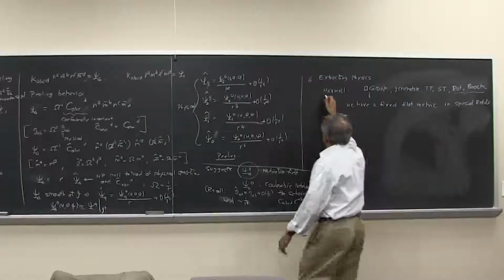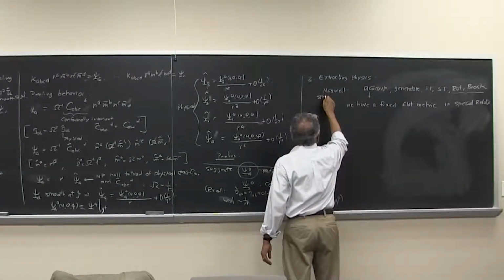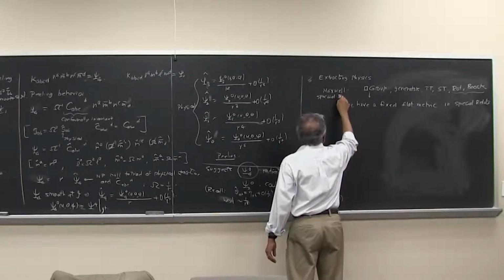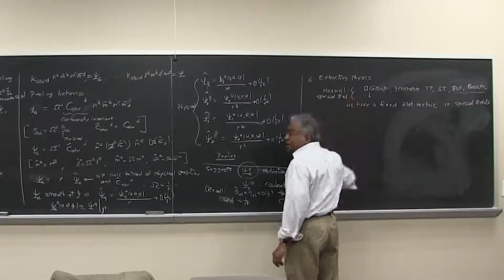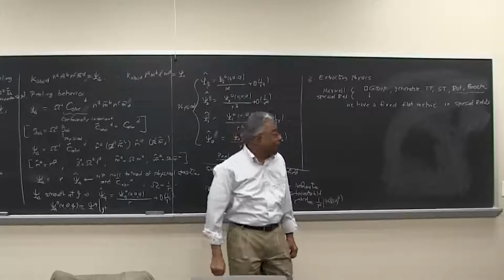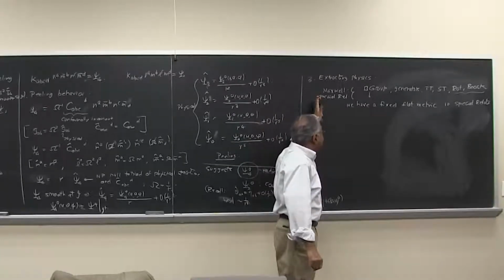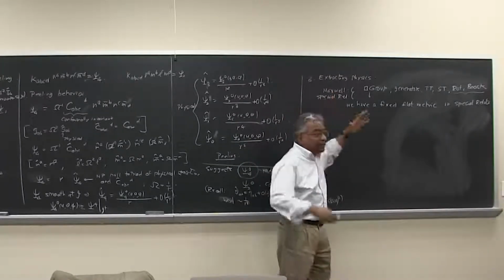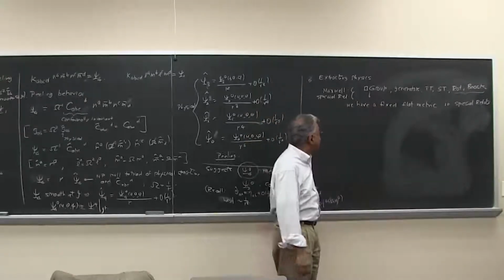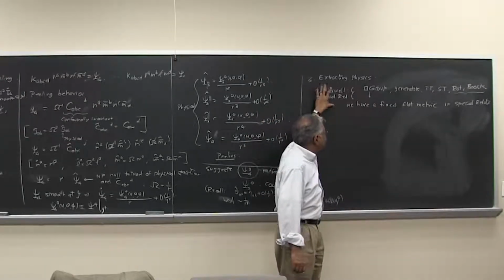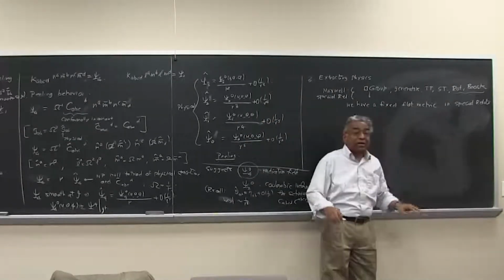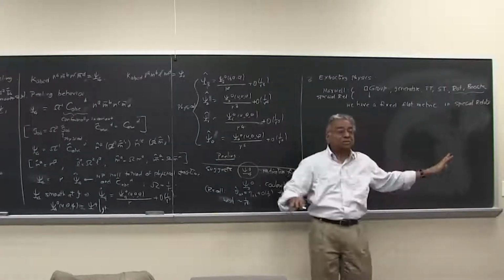So Maxwell or more generally in special relativity. So it can be Klein-Gordon field, it can be Dirac field, it can be the scalar field. For any of these fields in your quantum field theory books that you've seen, the statement is that for all of them, there is a fixed metric which is common to all these fields.